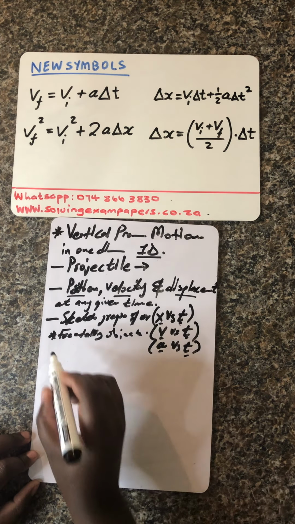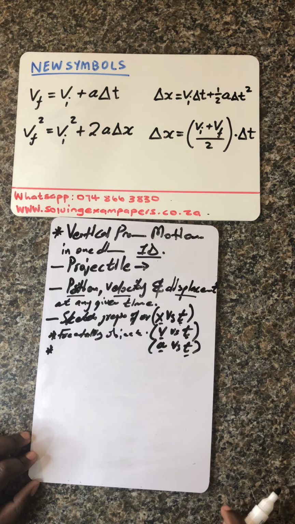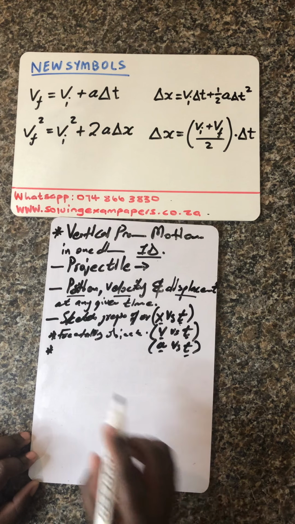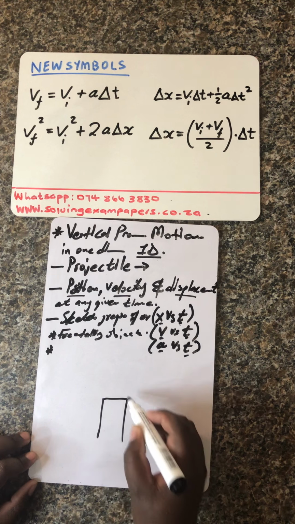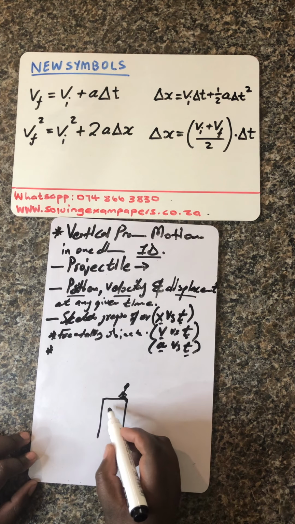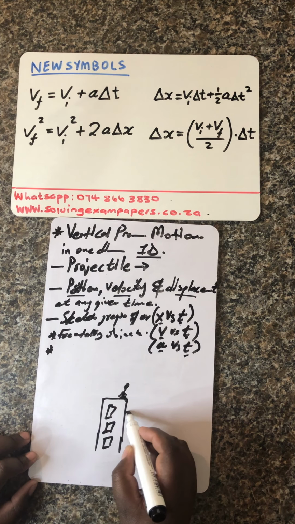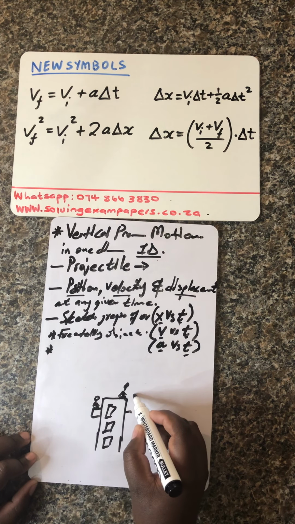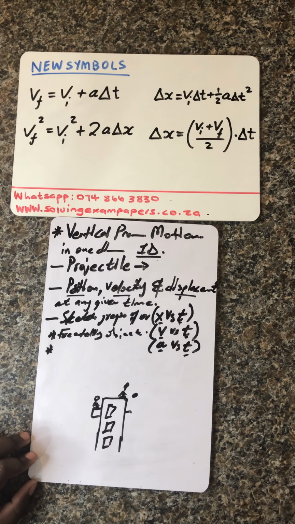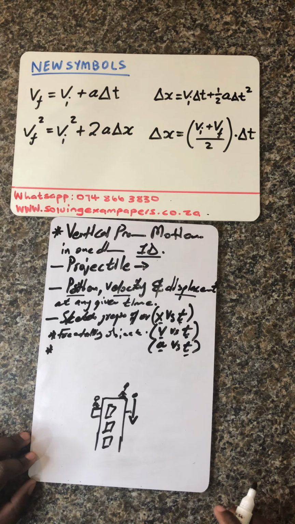And again, we can also sketch these three types of graphs for an object thrown vertically upwards, okay. Remember guys, for a free falling object, someone can be standing at the top of a flat, or standing in the balcony, and they can just drop an object which will freely fall downwards.